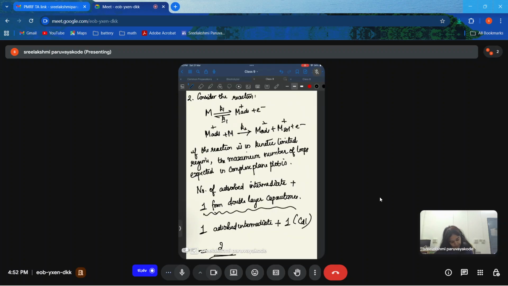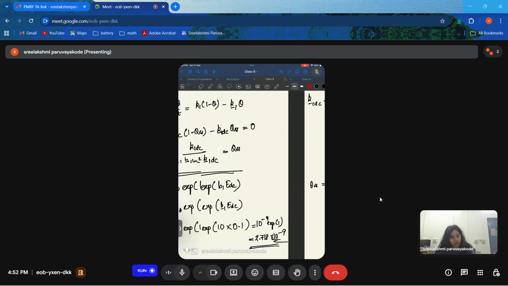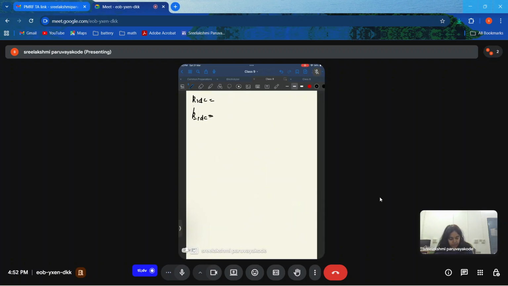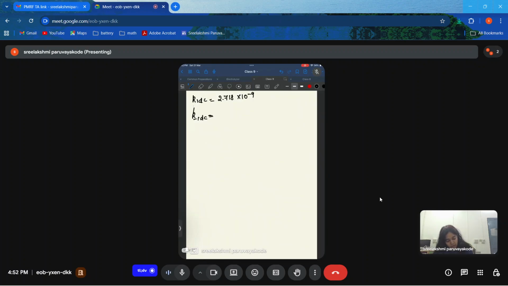What are they? K1 DC is 2.718 into 10 to the power minus 9. K minus 1 DC is 3.68 into 10 to the power minus 9. Now we have to find out K2 DC, which is K20 exponential V2 eta DC.